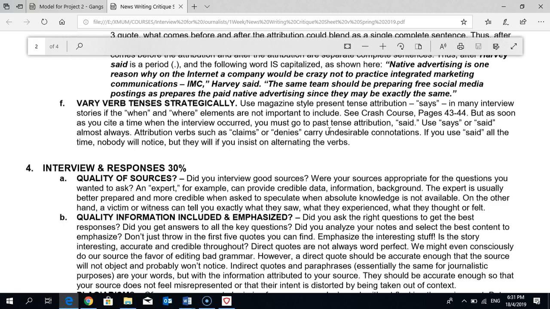They imply something that you may not want to imply. What does the word claim suggest? Does it suggest anything different than said? When you say claim.